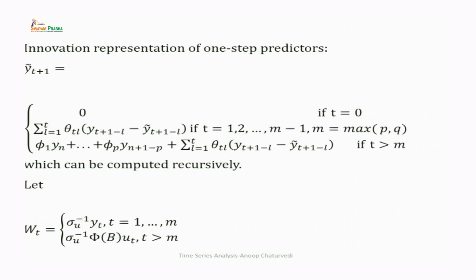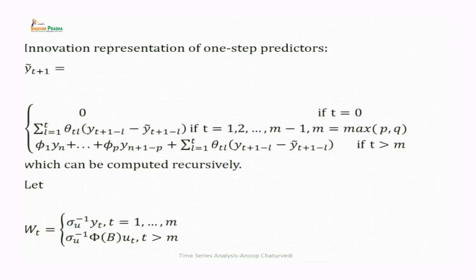Then the innovation representation of the one-step predictors is: ŷ_{t+1} is equal to 0 if t is equal to 0, and equal to the summation over L equal to 1 to t of theta_{tL} (y_{t+1-L} minus ŷ_{t+1-L}) for t equal to 1 to m minus 1, where m is the maximum of p and q.